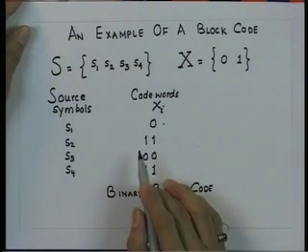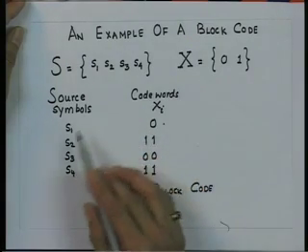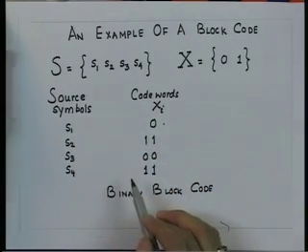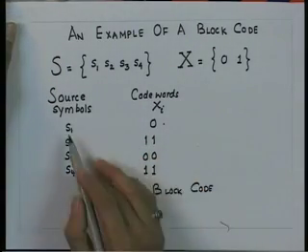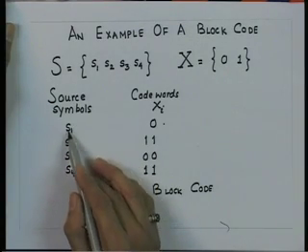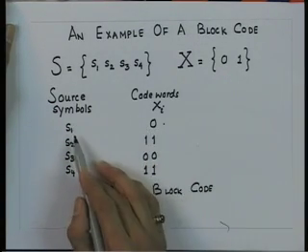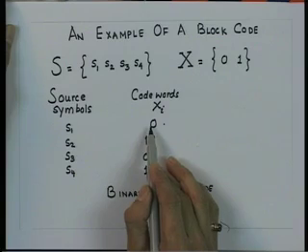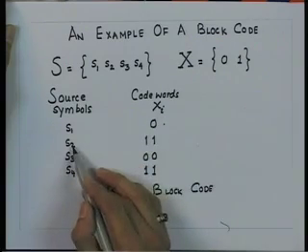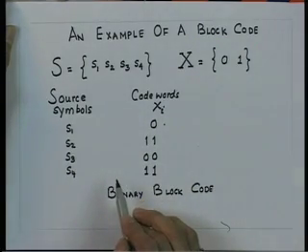At a first glance, the requirement that we encode the source symbols one at a time into fixed sequences of code symbols seems quite severe.